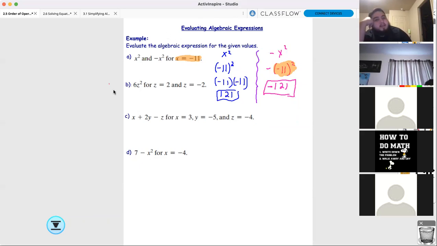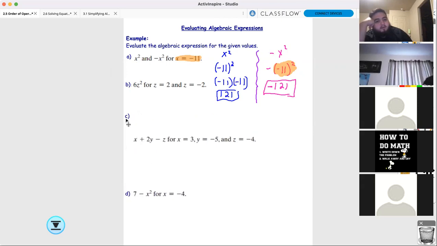Okay, good. Now let's take a look at B. I'm gonna scoot these down so I have more room to write for B. Let me switch my colors up, so I'm gonna do this red. For the first one, we're gonna do 6z squared, but they want us to find it for two different z's.